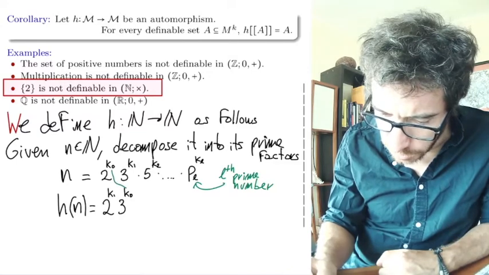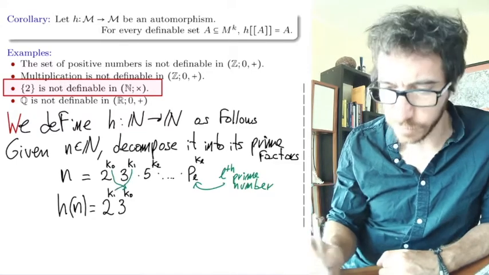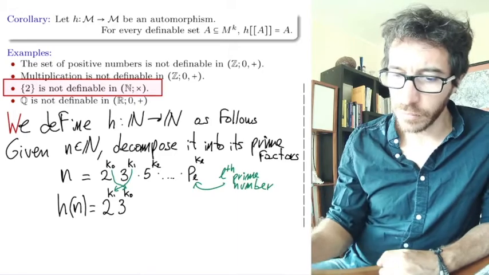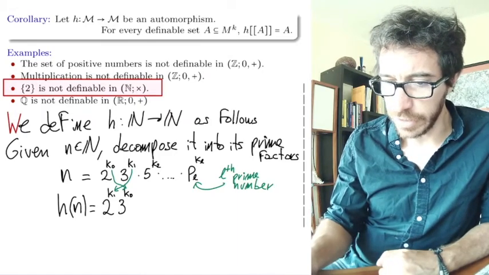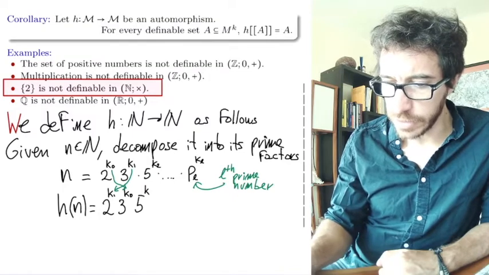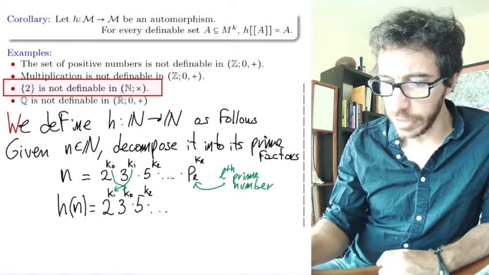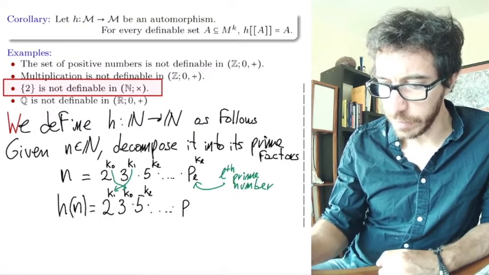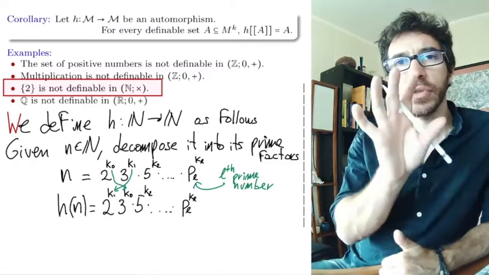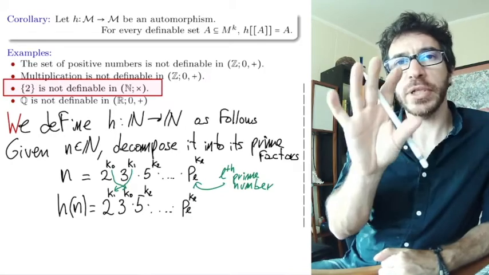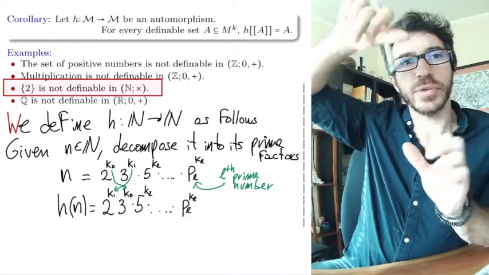This one goes here and this one goes there. Then we continue with the same number. Then it's 5 to the k2, that stays the same. Then all the other primes stay the same. So we just look at the exponent of 2, the exponent of 3, and we flip those two.